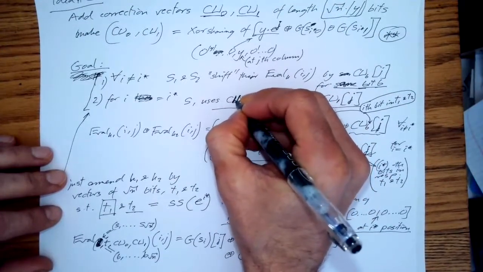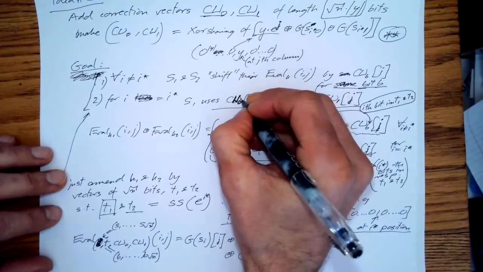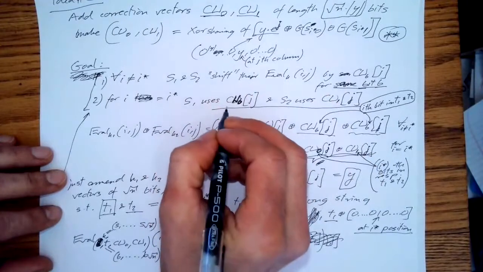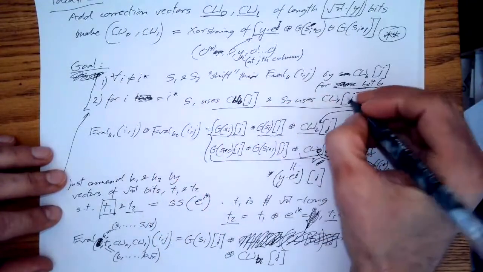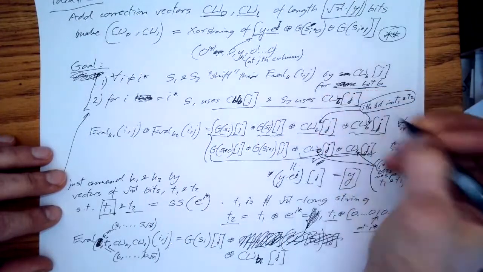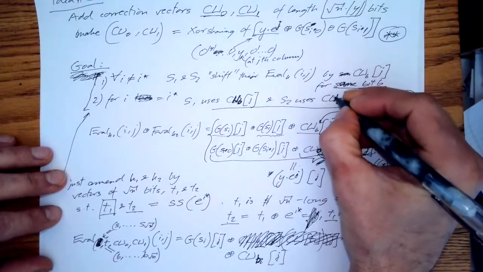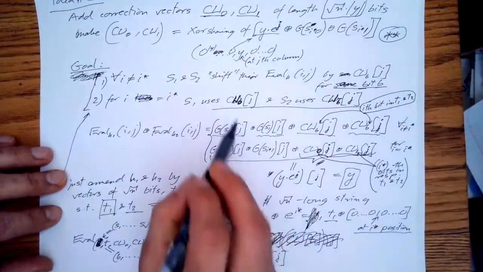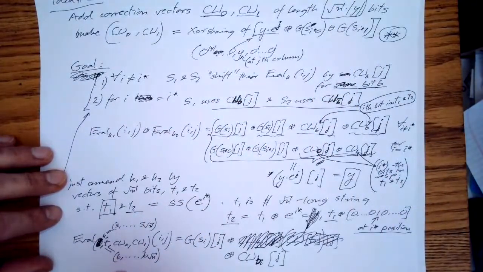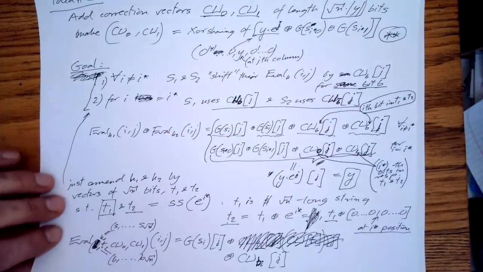Otherwise S1 will know that it's always at exactly this. These two bits can be 0, 1 or 1, 0.